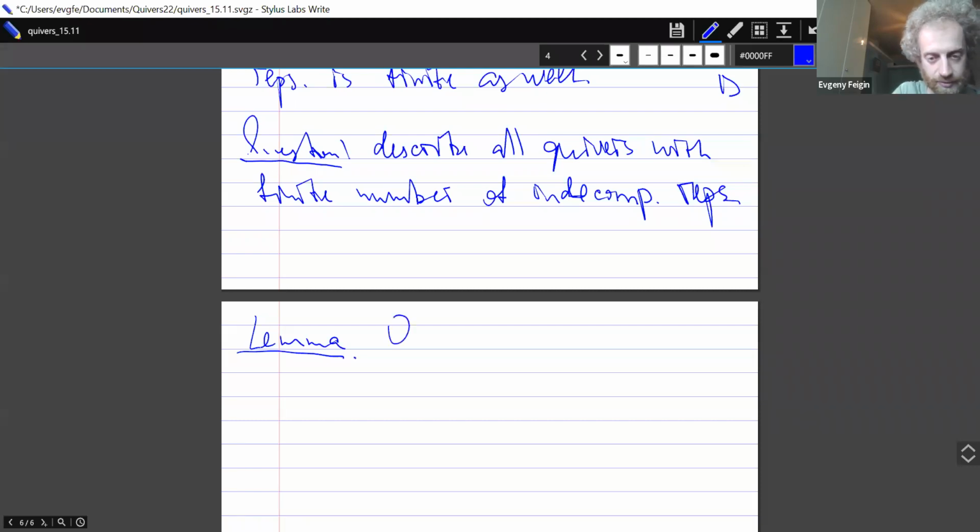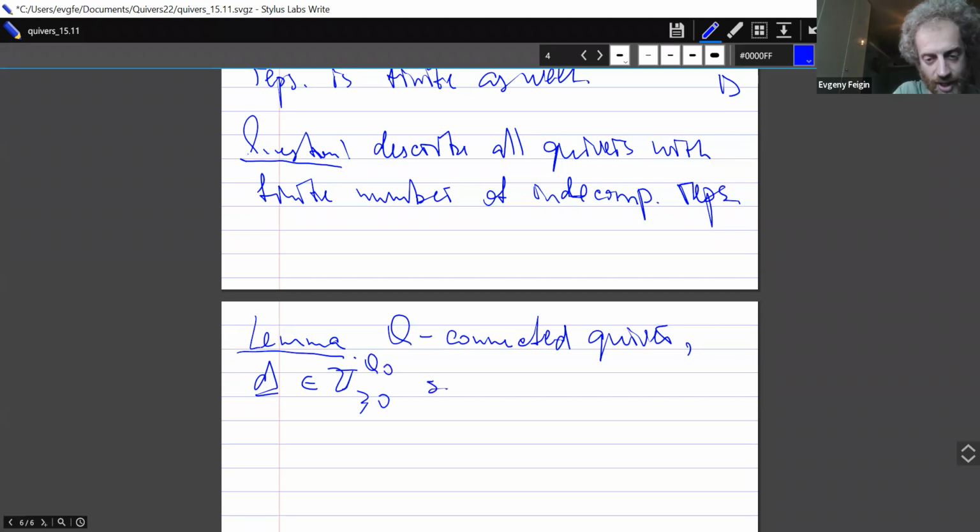So we have Q to be a connected quiver, and d is a vector in Z greater than or equal to 0 to Q_0, such that... let us formulate it in terms of the bilinear form.